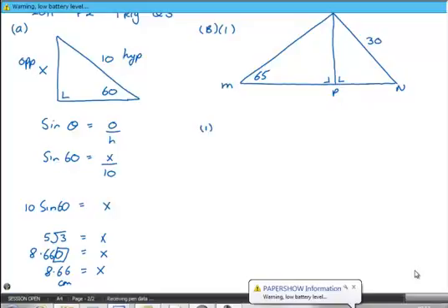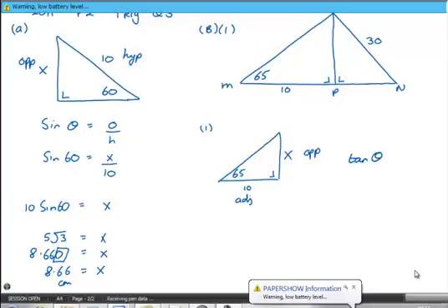So for part 1, I'm going to redraw the triangle. I'm going to use the one on the left. 65, X. So this is quite similar to what you did in part A. And this of course is 10 down here. We need that extra piece of information. So opposite, adjacent. What links opposite and adjacent? That's tan.